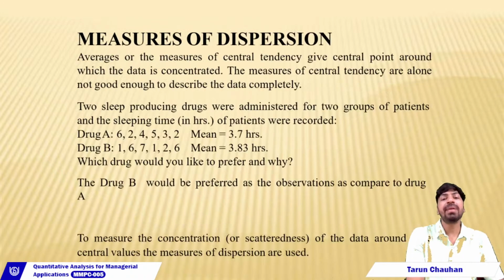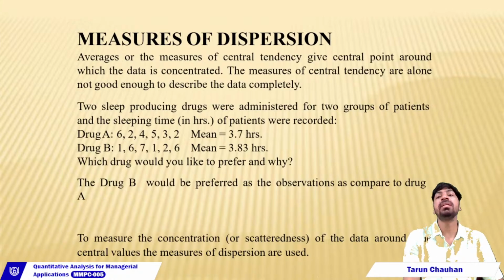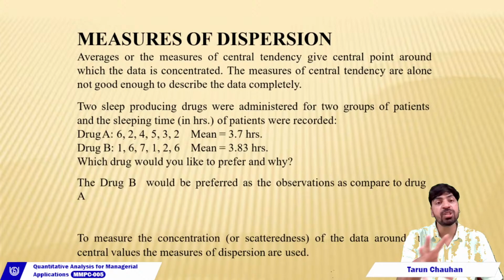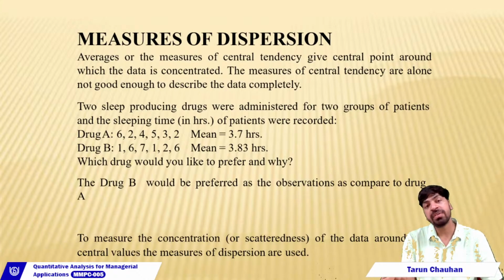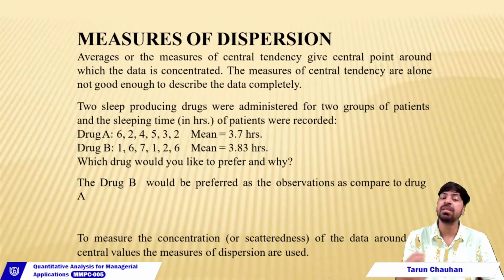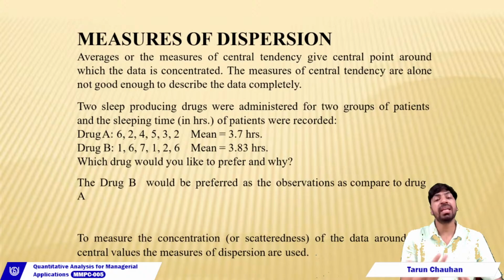Let's talk about the measures of dispersion. Measures of dispersion are based on the central point around which the data is concentrated. It is used with the mean, the standard deviation, and the mean deviation. If we talk about the mean deviation, it means we use the mean and the median.